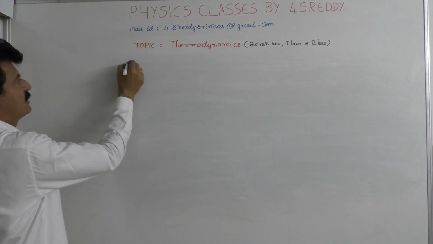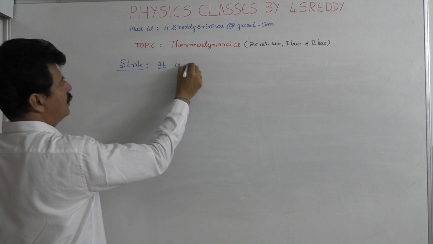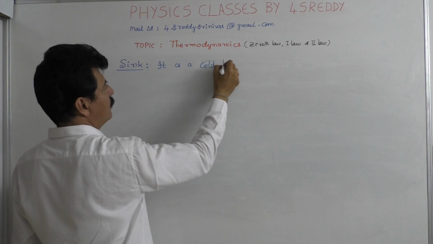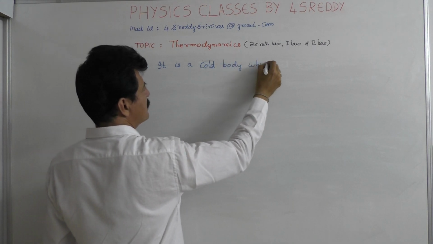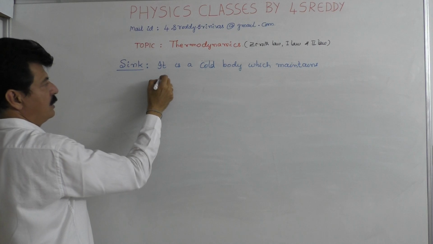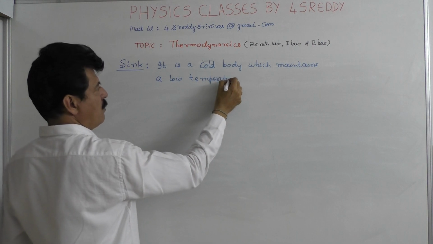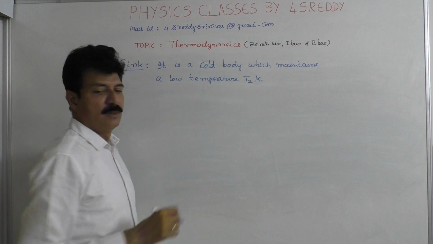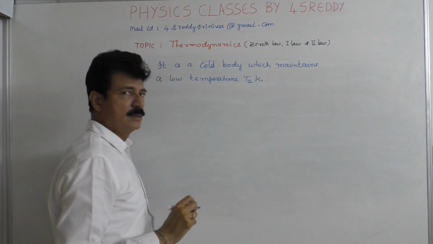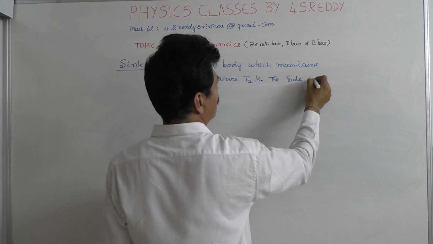Next, the second one is the sink. It is a cold body which maintains a low temperature T2 Kelvin.